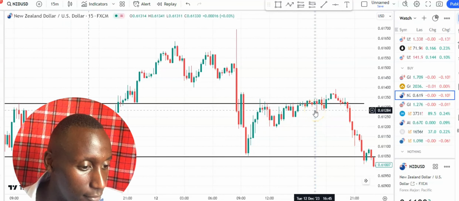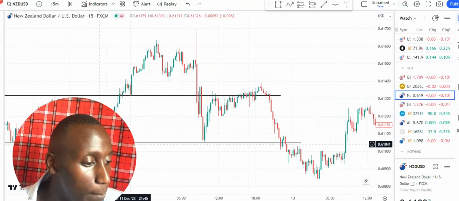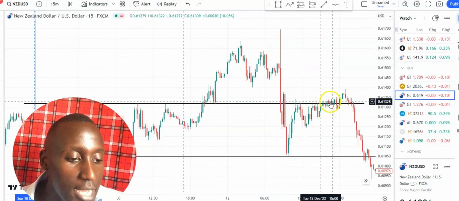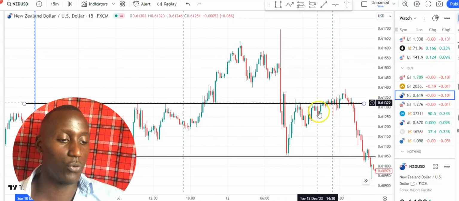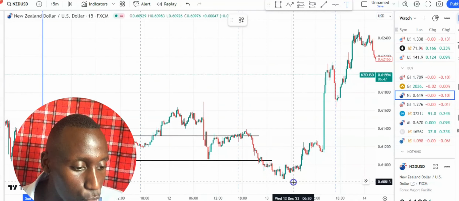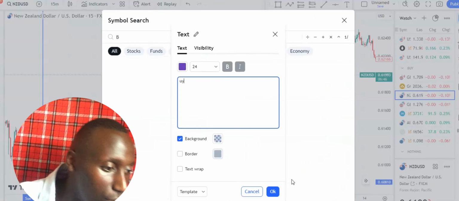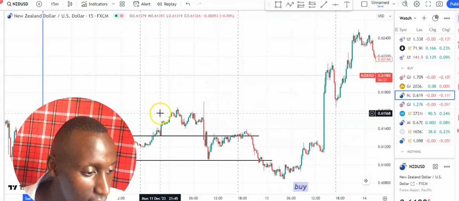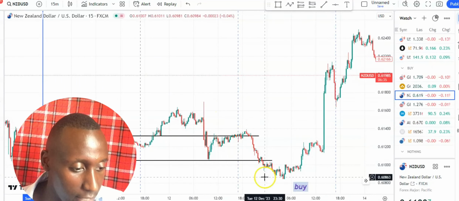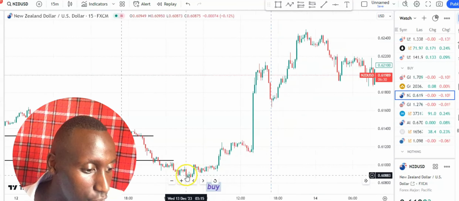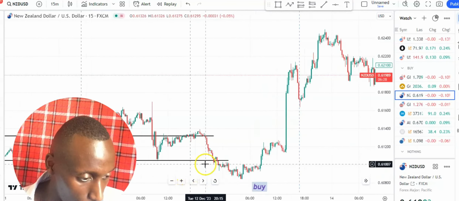We close higher, so we break out of the high of the week and close outside of the high of the week. So this is a signal for me to look for an opportunity to buy on the next day. Simple as that. Because now this is a real breakout. On the next day, I'll be looking for an opportunity to buy low.